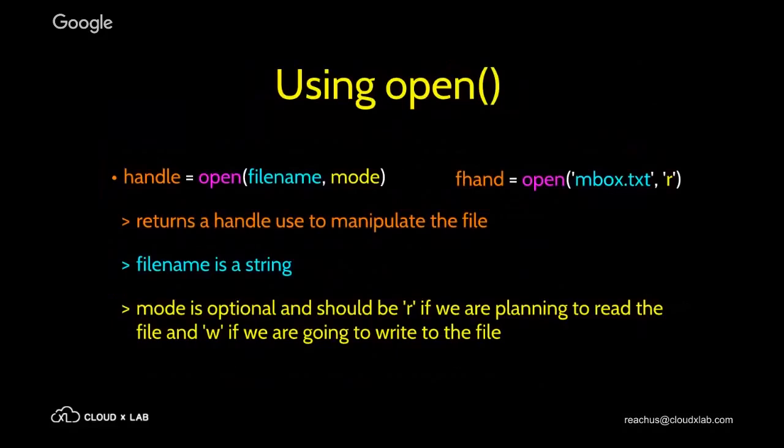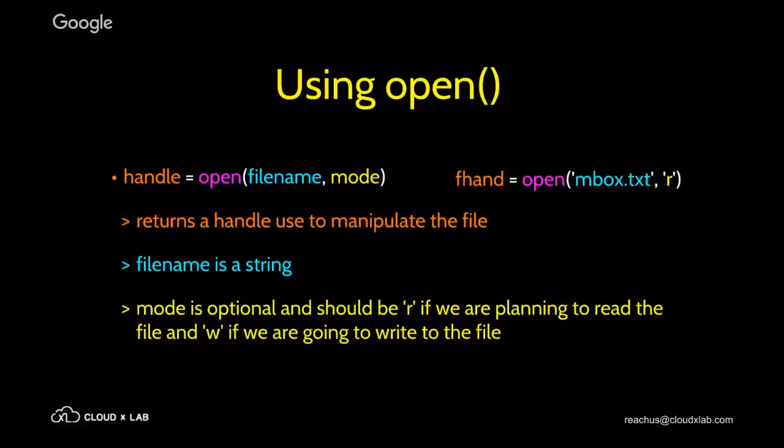Handle equals open, file name, mode. So when we say something like handle equals open mbox.txt, it returns a handle to use to manipulate the file. The file name is a string and the mode is optional.